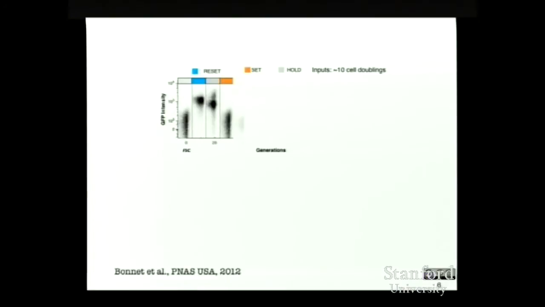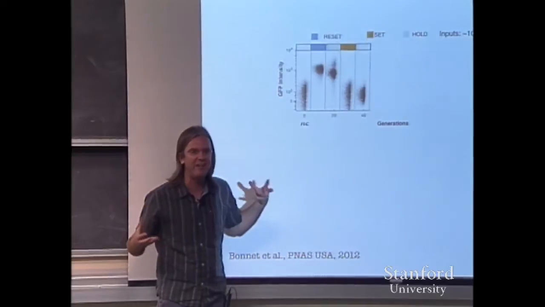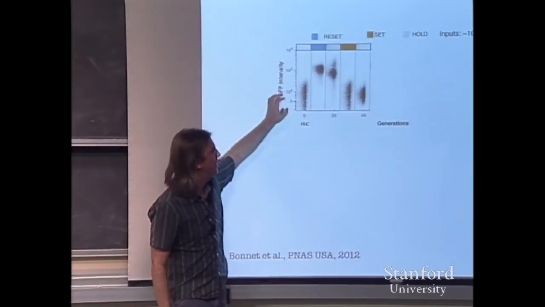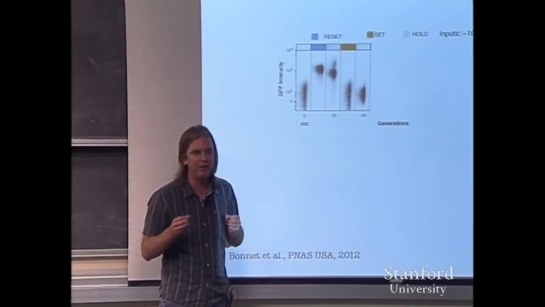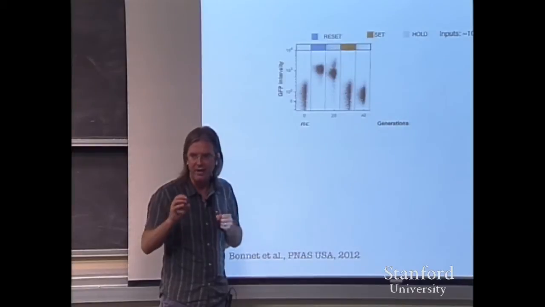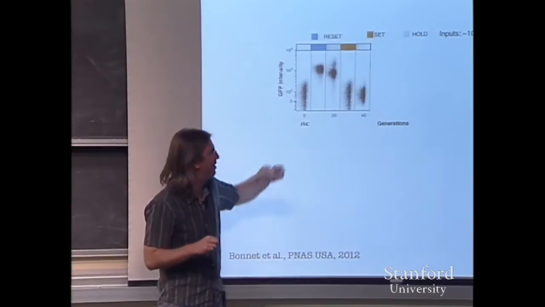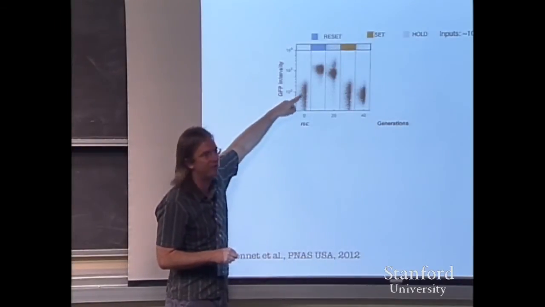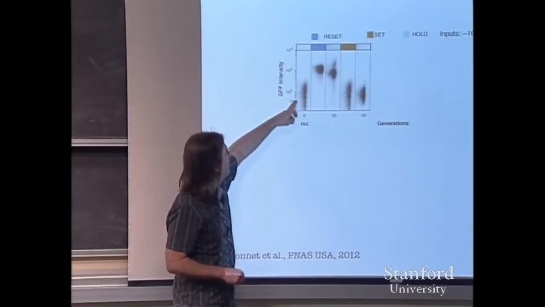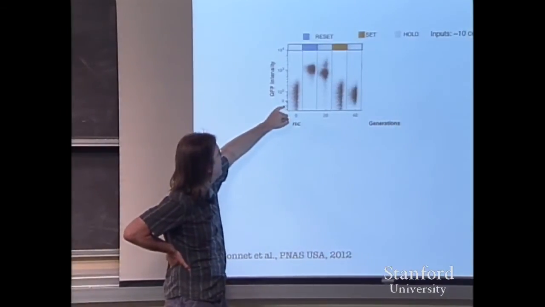So this was basically the win slide from a year ago. What we're showing here is the greenness of cells on the y-axis. This is data collected from a cytometer, where basically flowing cells and getting a very quick microscopic snapshot and measuring their greenness. So there's a distribution of single cells. They're starting out in the 1 state.